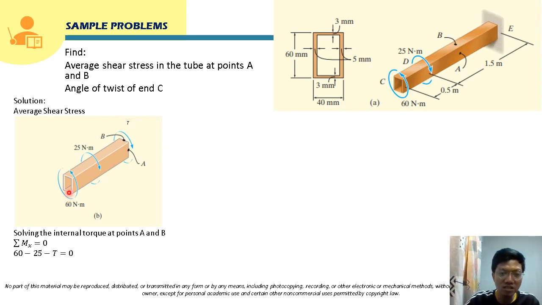So for the 60 Newton meter torque, this is positive since this is counterclockwise, and then minus 25 since this is clockwise, and then minus T since our assumption is also clockwise. From here we can solve for the value of T, and the value of T is positive, meaning we have the correct assumption that the internal torque T is clockwise. The value of T is 35 Newton meter.